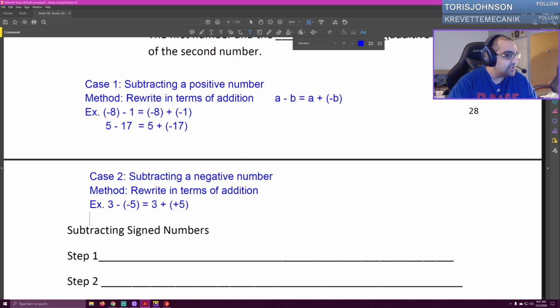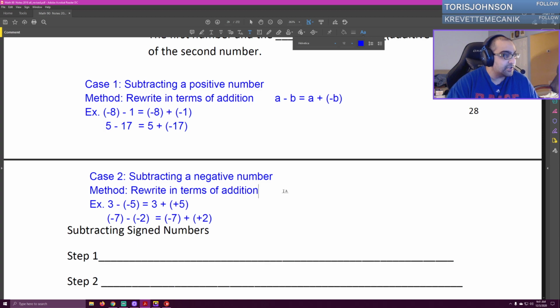The same thing applies if we reverse positions with the numbers. If I have -7 minus -2, that's basically the same thing as -7 plus +2. I'm doing this deliberately so you can see the signs of both numbers once you rewrite it in terms of addition.